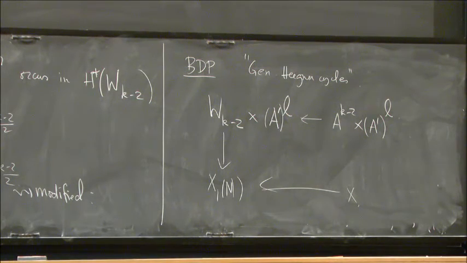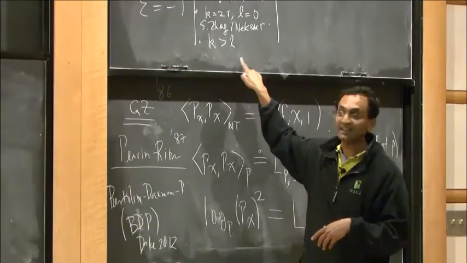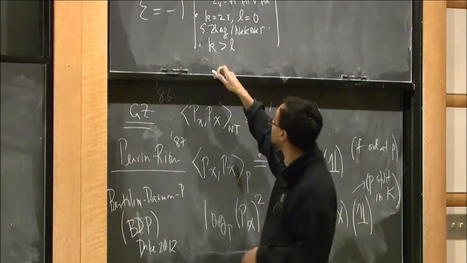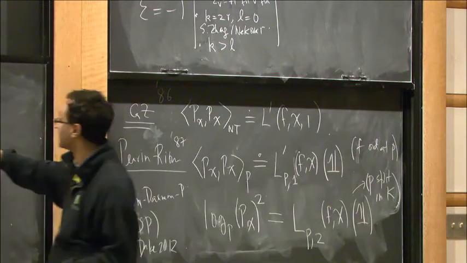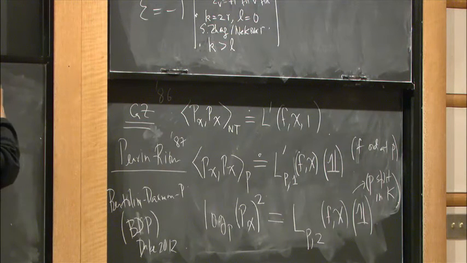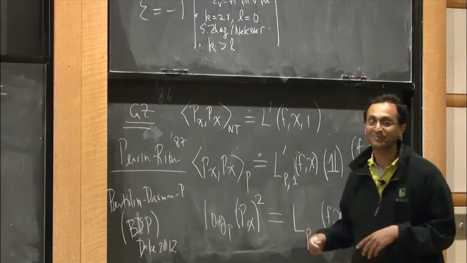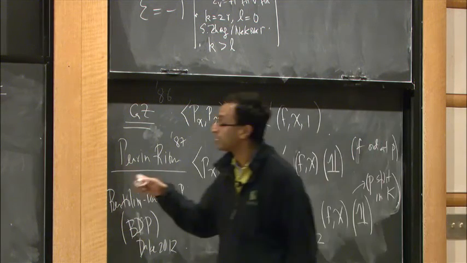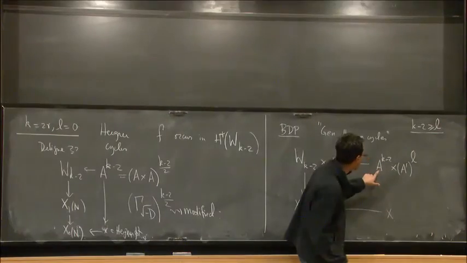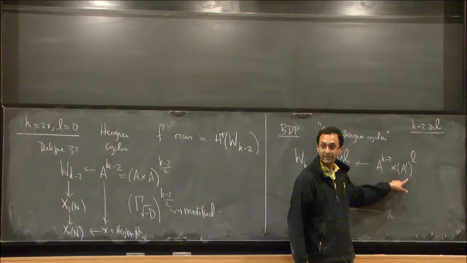And remember that because k is bigger than L, and k and L are congruent mod 2, k minus 2 is bigger than or equal to L. That's important. It's elementary numerology, but everything works out because of this. So there are more factors here than there are over there.